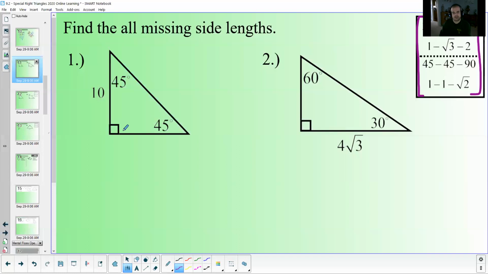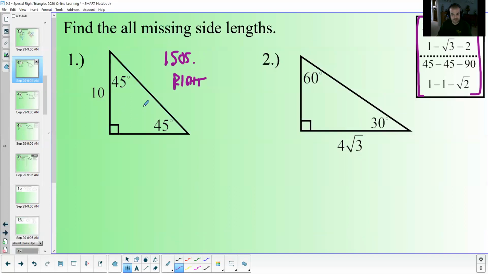All right, now that we are unpaused, we're going to take a look at each of these and see how we can use the angle measures to find the missing side lengths. In problem number 1, we have a 45-45-90 triangle. In the previous videos, we talked about how 45-45-90 triangles are also called isosceles right triangles.